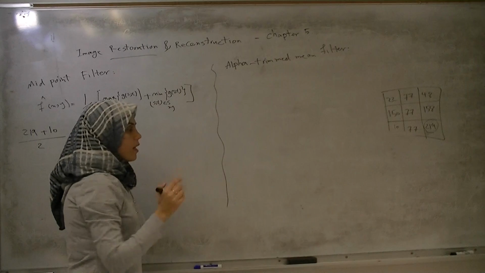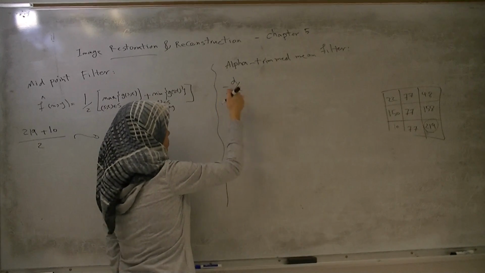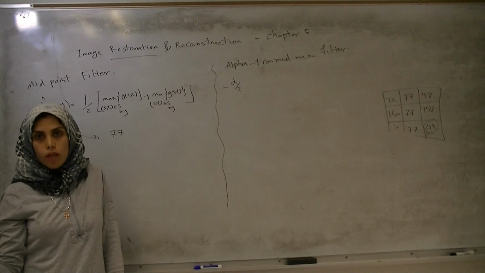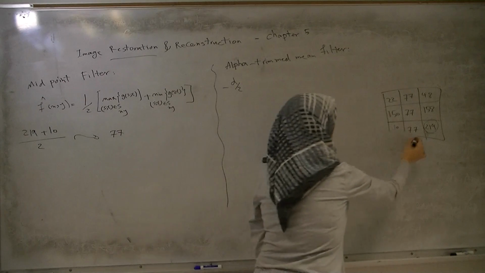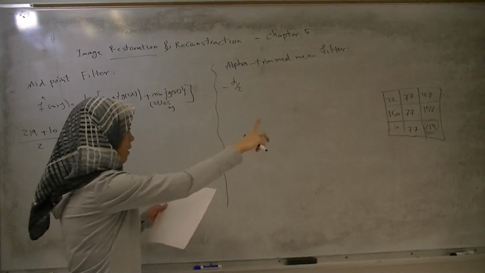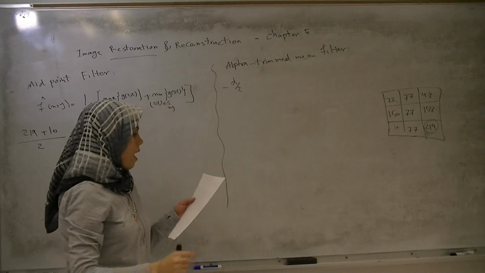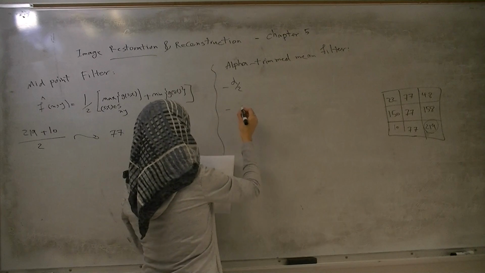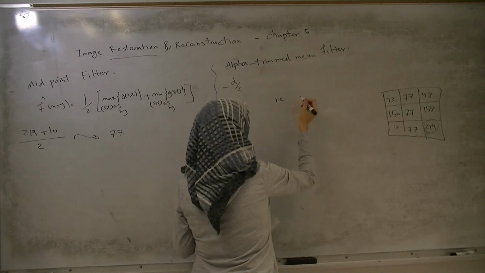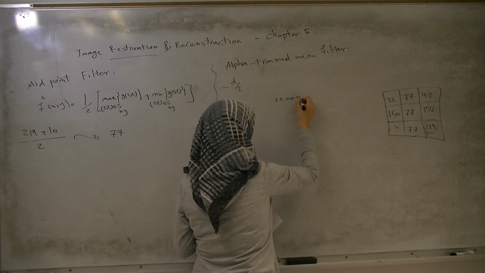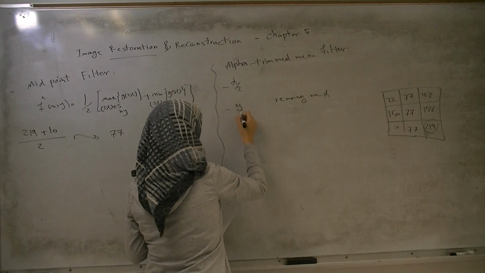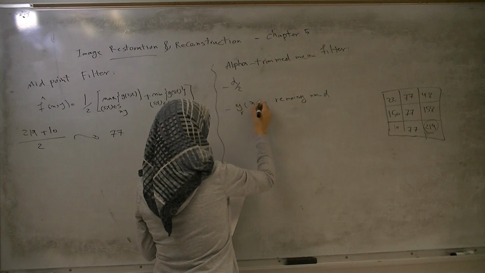Suppose that we drop the d over 2 of the highest and the d over 2 of the lowest of the sub-image pixel values, I mean after sorting the pixel values, and then we call the remaining n minus d pixels g r of x and y.